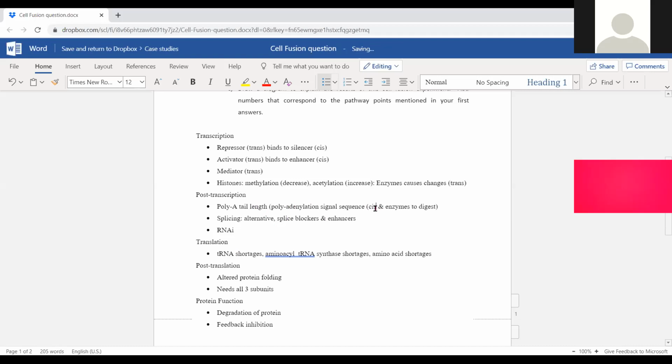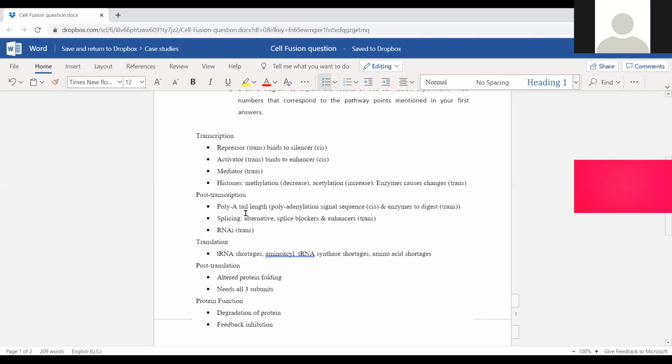That is already encoded by the gene. It's cis-acting. But the enzymes are trans-acting. Splicing, I guess those would be considered trans-acting, because they can move around and change. RNAi is trans.